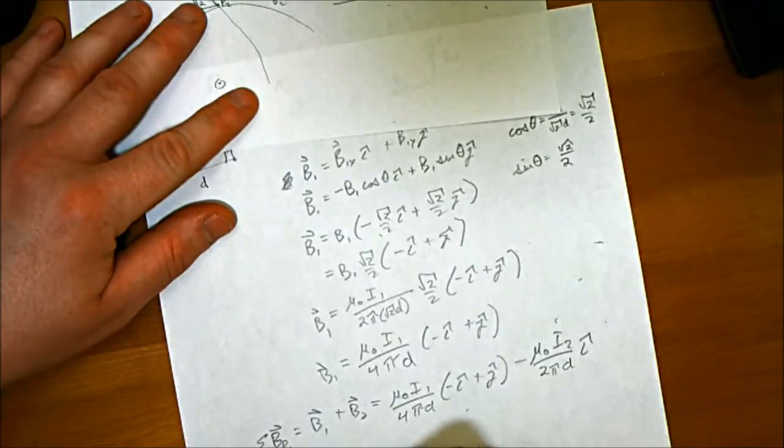Common to every term is mu naught over 2 pi d.